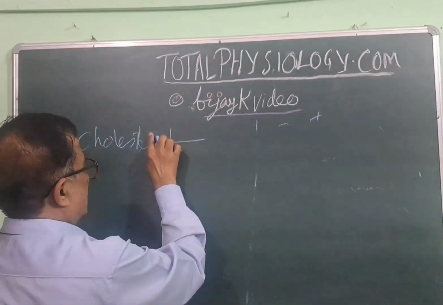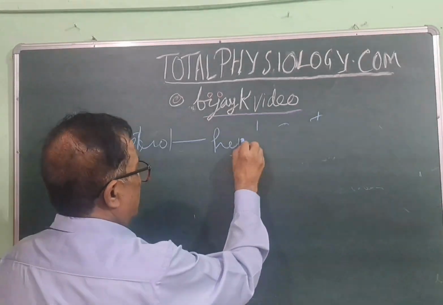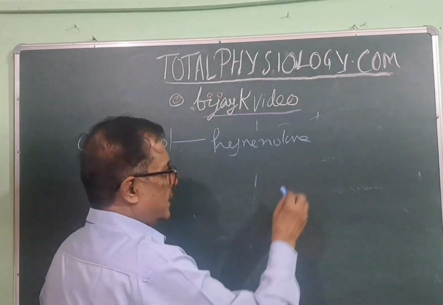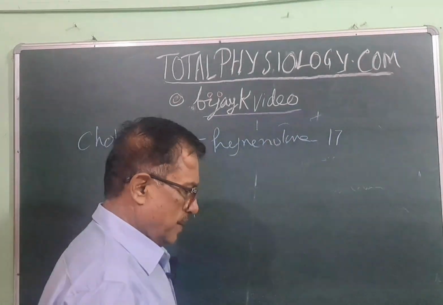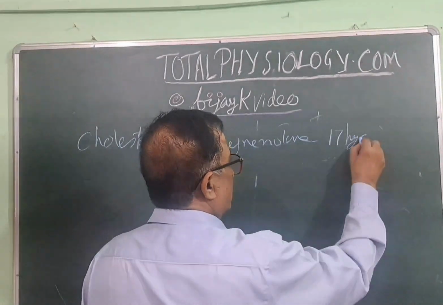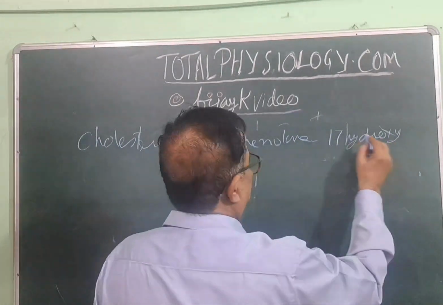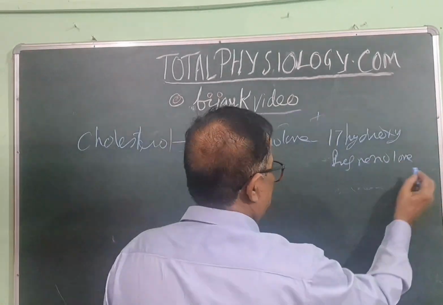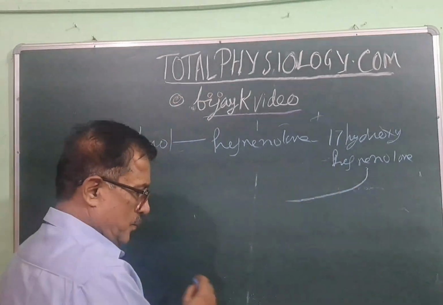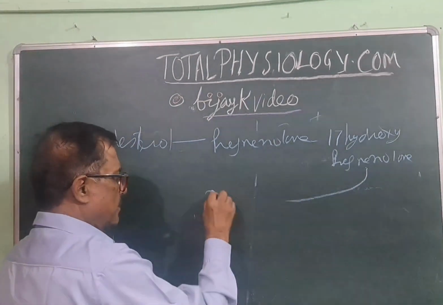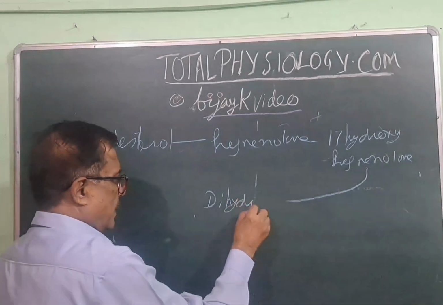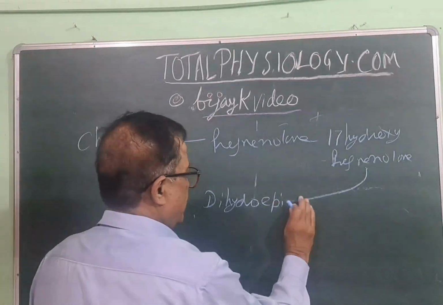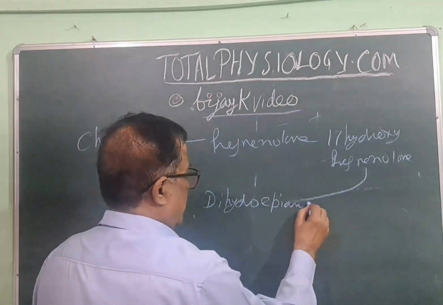From cholesterol comes pregnenolone, then 17-hydroxypregnenolone, which is converted into dehydroepiandrosterone.